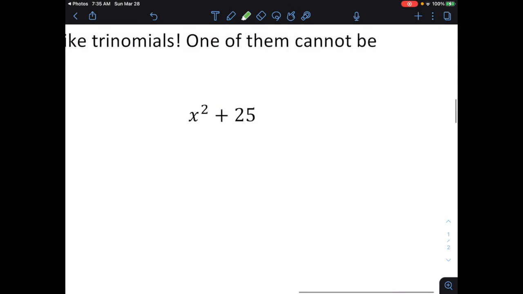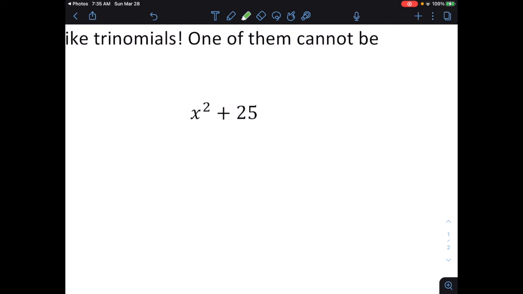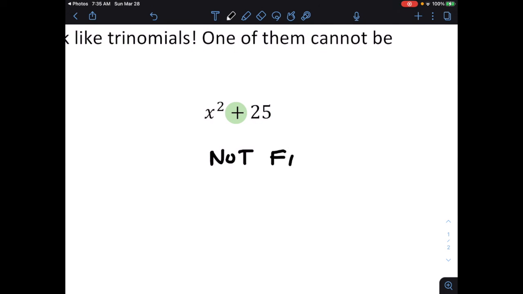All right, and then this last one looks different than all the rest because of this plus sign right here. And anytime that you have something that looks like you should be able to factor it because it's a difference of squares, but it has a plus sign instead of a minus sign, this is considered not factorable. There's no way that we can find two numbers that multiply to equal 25, but then cancel each other out because it's positive 25.